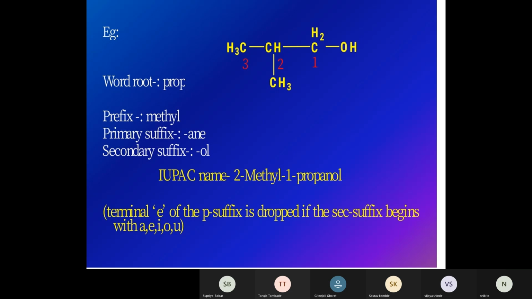Then the E at the terminal is replaced by the suffix OL. So the name comes as 2-methyl, hyphen, 1, hyphen, propanol.